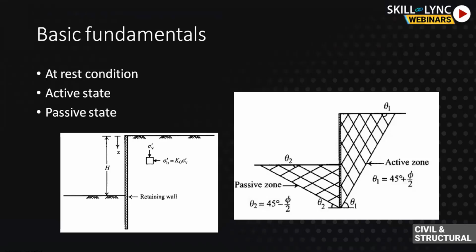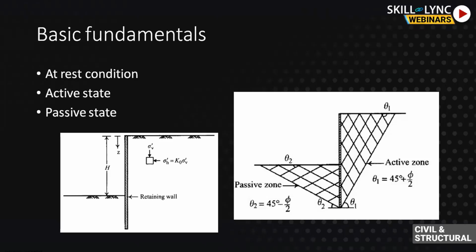Basically, we know that when there is a retaining wall, there are three states: at rest condition, active state and passive state. At rest condition is when there is no movement in the wall. The active state is where the wall is moving away from the soil, and the passive state is when the wall moves towards the soil.